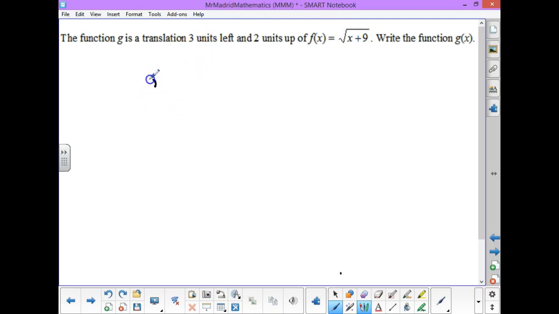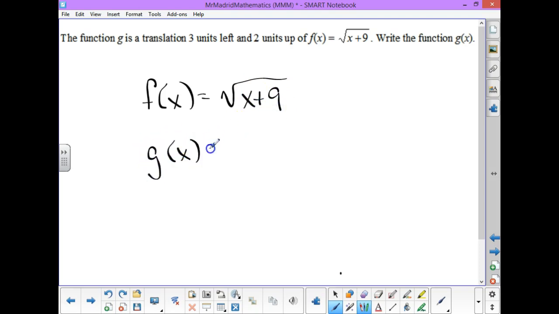Okay, so let's go ahead. Now this one I'm not gonna expand, I'm gonna approach it in a simpler fashion. So here's what they're saying: they're working off of f to create g. How do they do that? They need to translate 3 units left.